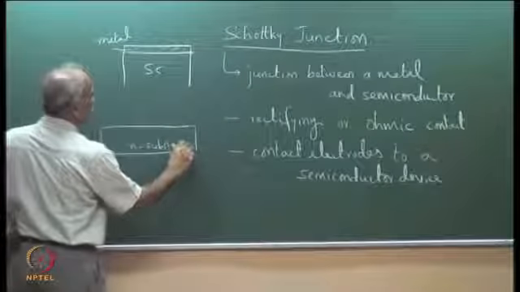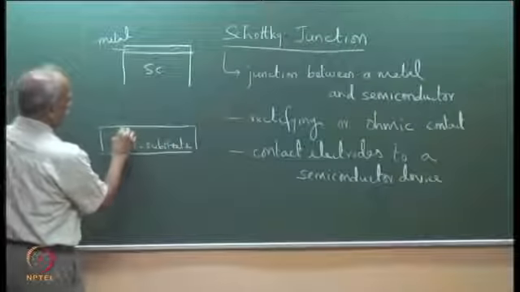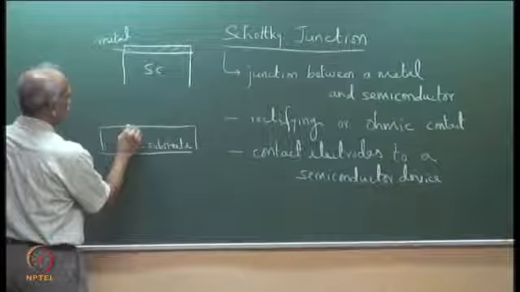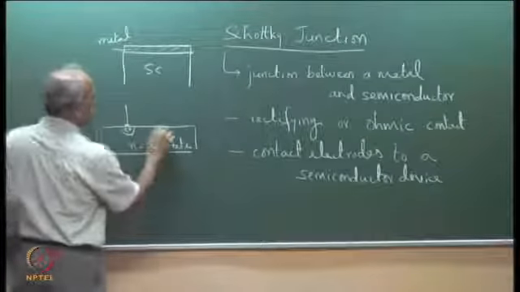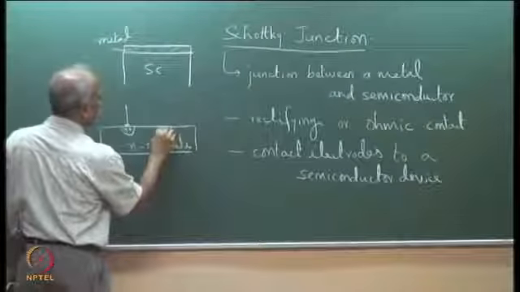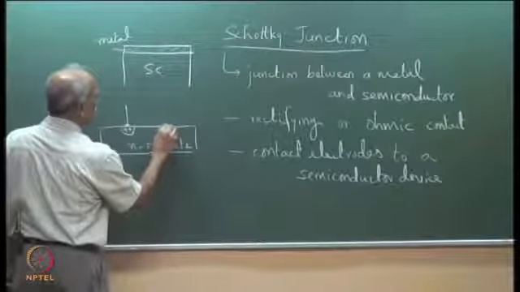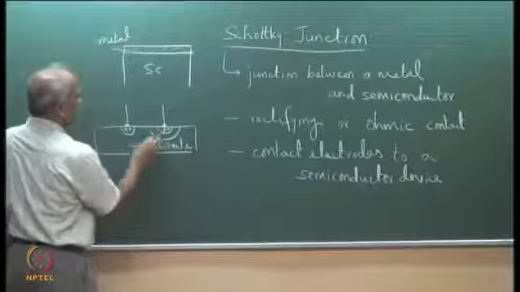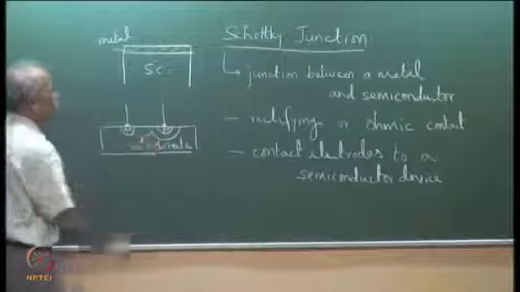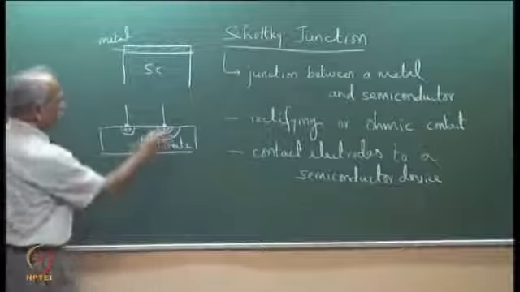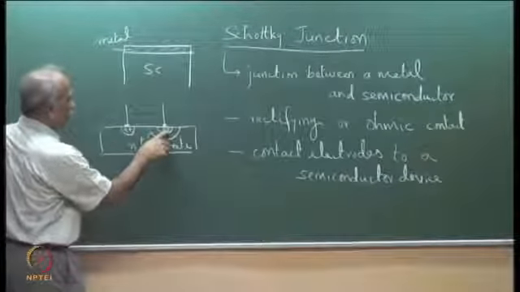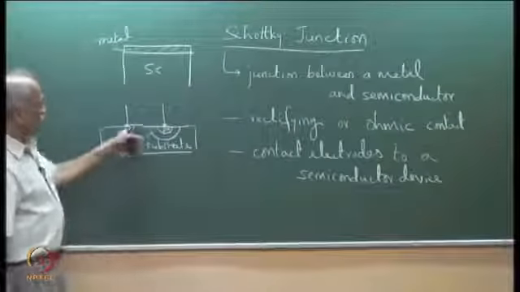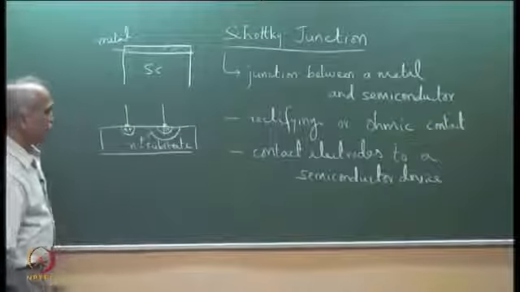You make a PN junction by diffusion. So, you do N plus diffusion here and then a metal, and you can have P plus diffusion. Normally in an N substrate you diffuse P first, and then near the contact you have either P plus or N plus. Why is this? We will see from the characteristics.